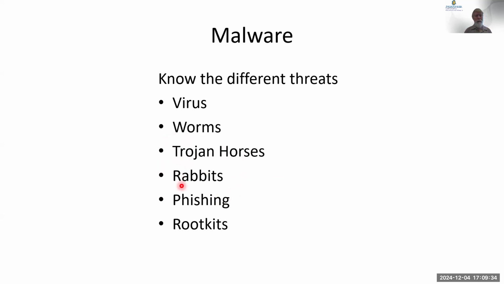Rabbits are programs that consume all the system resources. They showed the fork bomb, and many people did all sorts of rabbit programs in the last exam. Phishing is very important. And then rootkits.